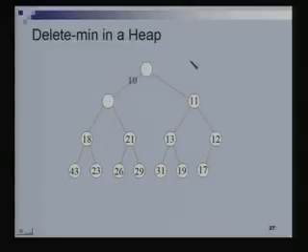So, 10 is the smaller one, I move 10 up there. So, I have an empty location now here. It is natural to take the smaller of these two and move it up there, and this moves the empty location here. And now it is natural to take the smaller of these two, 23 and 43, and move it up there at that empty location, so that now we have an empty location here.